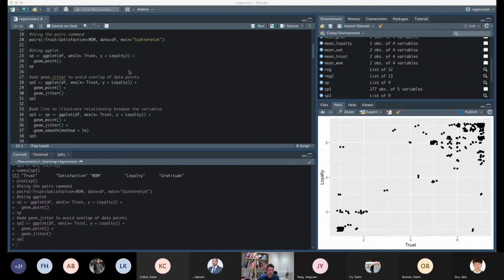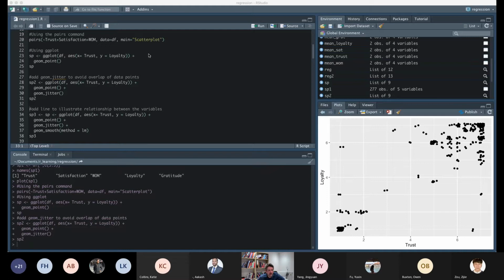You see it looks like a linear relationship. What's kind of interesting is that we don't have many data points in the middle, around trust of 4 and loyalty of 4. So lots of customers either don't think the hotel is very trustworthy, or they think the hotel is very trustworthy.